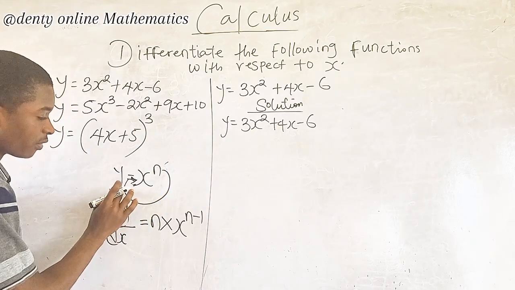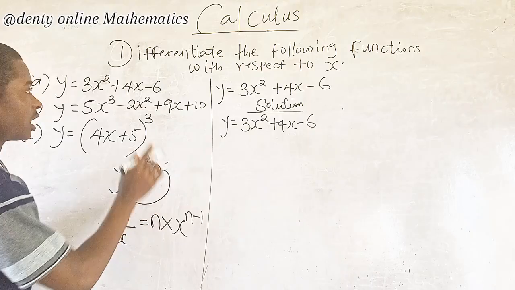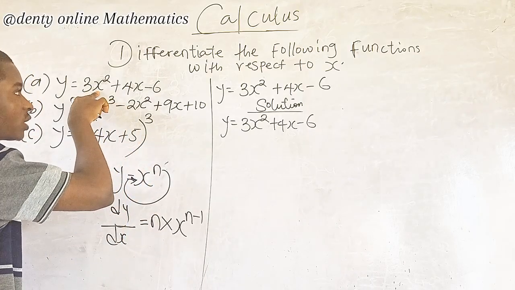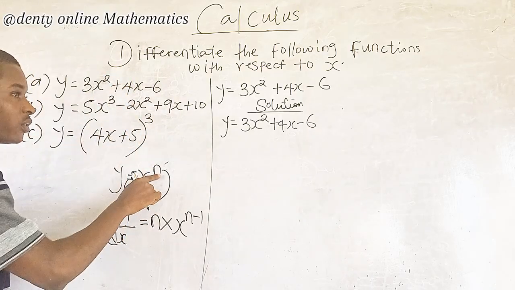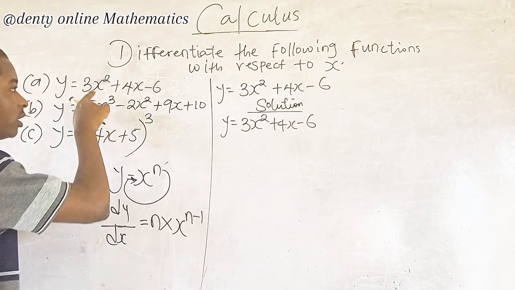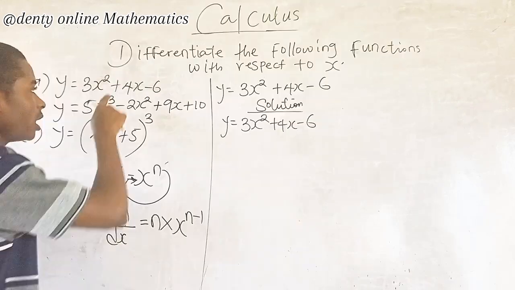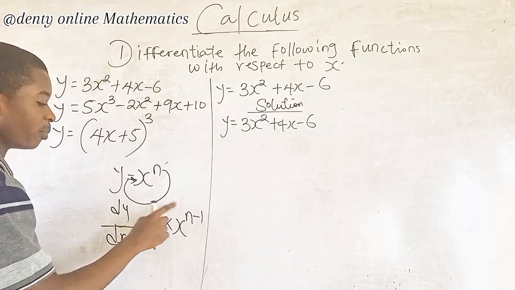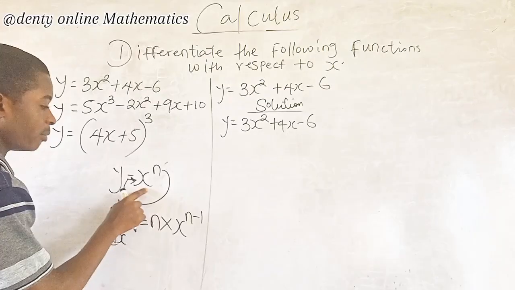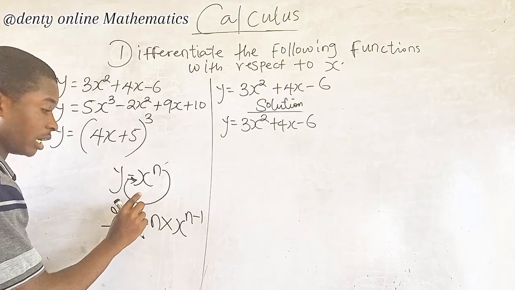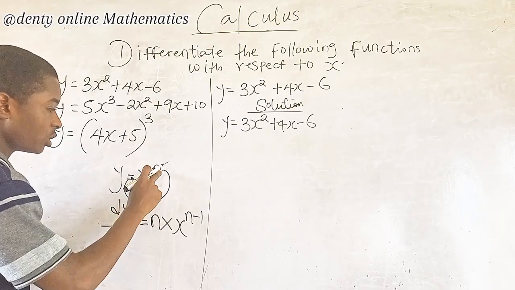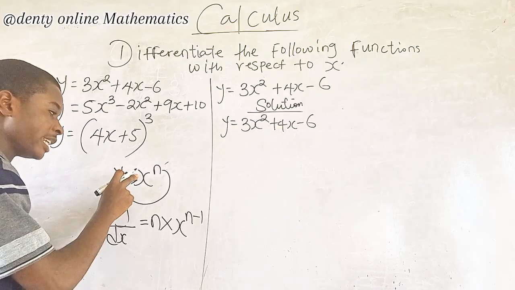So anytime you have a function y equal to x power n, just as we have y equal to 3x squared, this 2 stands for the n, and 3x stands for the base. You get? So anything at the top here is known as the power or the exponent, while the base stands alone here. So what you do is you use the power to multiply the base.